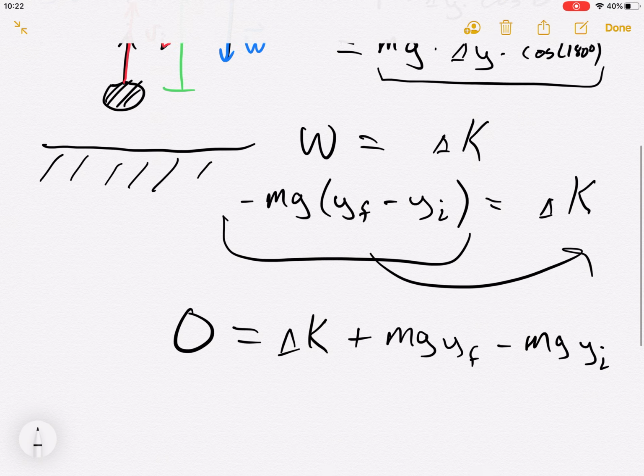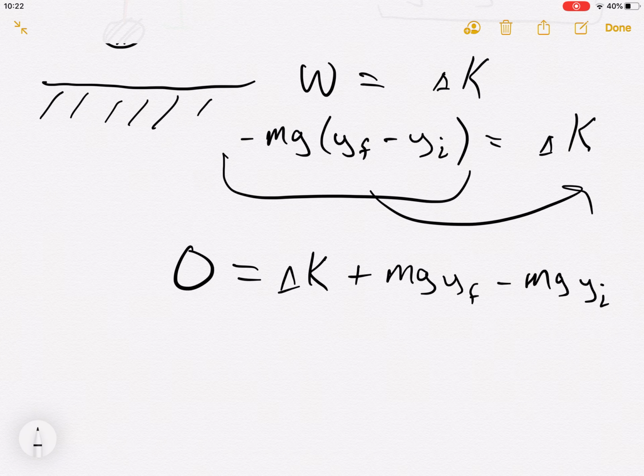Now, you remember how we defined kinetic energy? We worked out for constant acceleration motion what the work done really is, and we noticed that it was a change in some quantity that we defined as half mv squared.